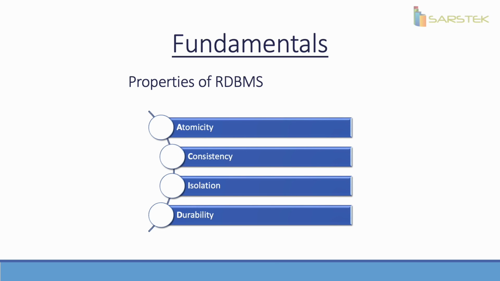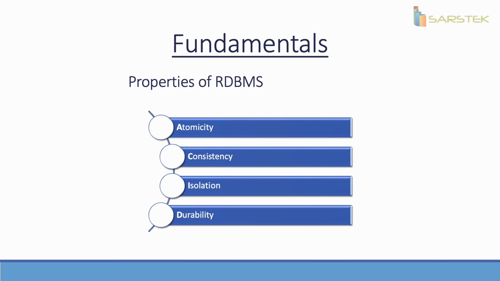Durability means if one transaction completes some actions and commits, then whatever has been changed is available to all other users and all other sessions, and it is permanent. It will always be permanent. That is called durability.